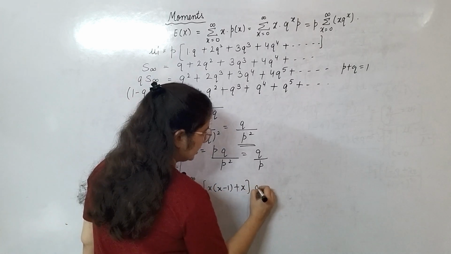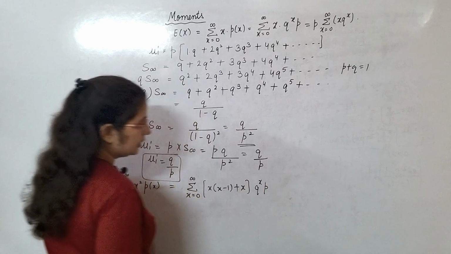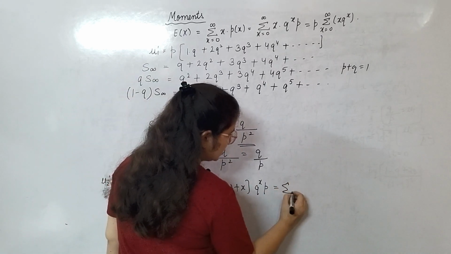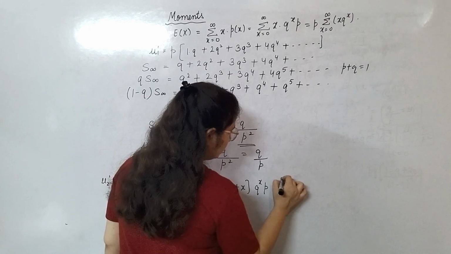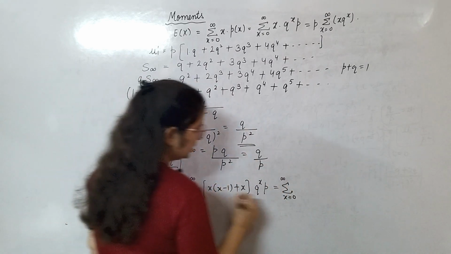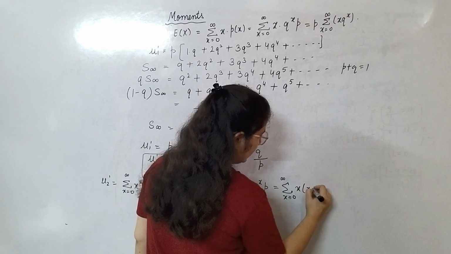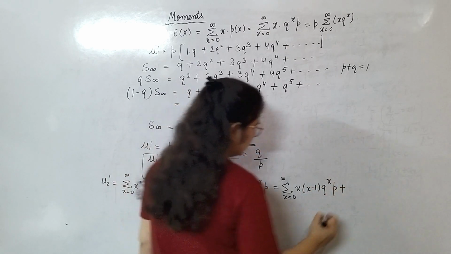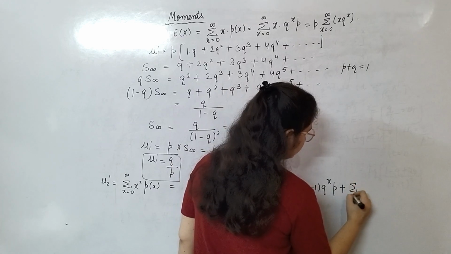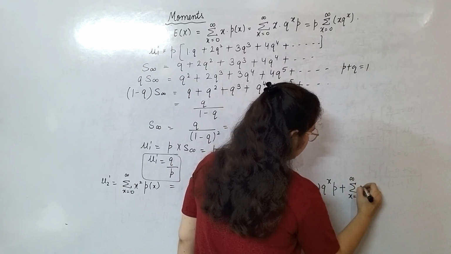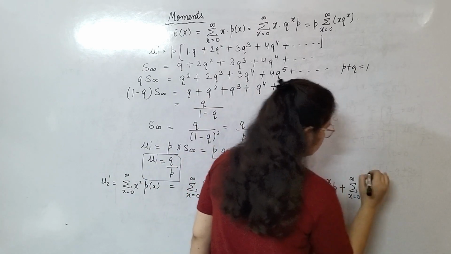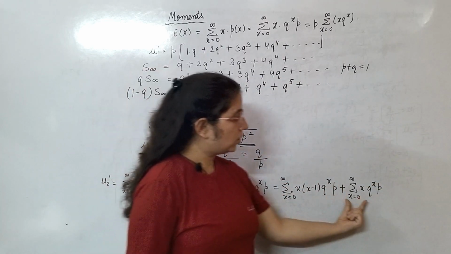What is p of x? q raised to the power x into p. This will be equal to summation x from 0 to infinity of x into (x minus 1) q to the power x into p, plus summation x from 0 to infinity of x into q raised to the power x into p.